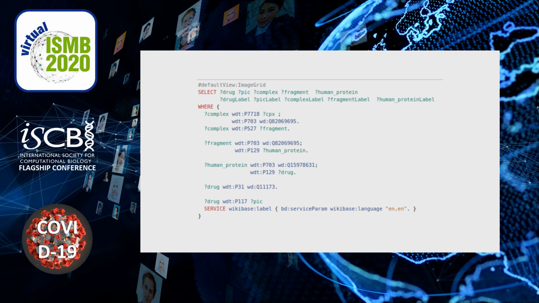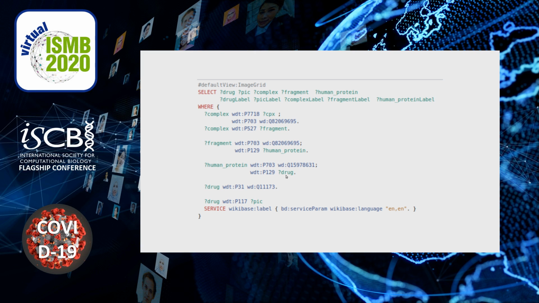This SPARQL query, which was built on a graphic user interface online, searches for protein fragments that are part of complexes, and these fragments interact with human proteins, and these human proteins bind to some kind of drug.